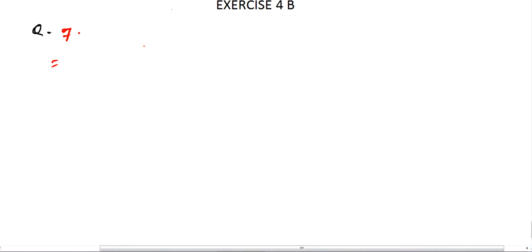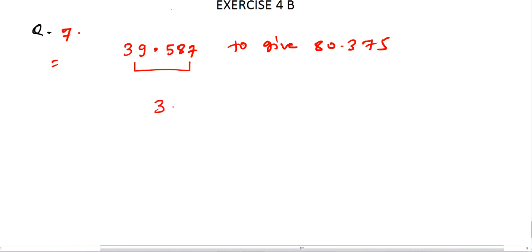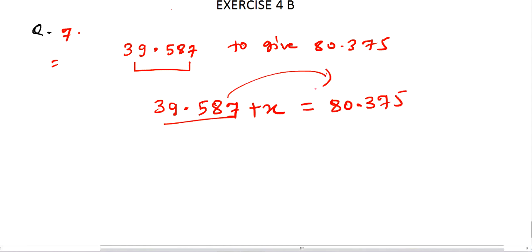What should be added? Question number 7. What should be added to 39.587 to give 80.375? Simply, what should be added to this one? So we are adding x equals to 80.375. Now transpose this to the right hand side.